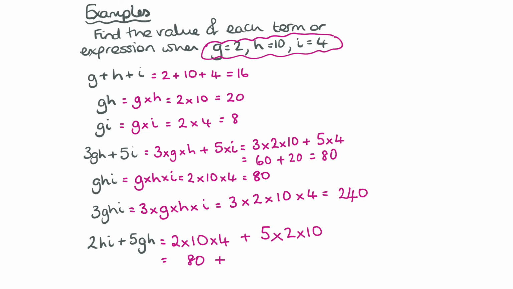And then we've got 5 times 2 is 10, times 10, so 10 times 10 is 100. So 80 add 100 is 180. Okay, so now we are ready to be able to work these out ourselves.